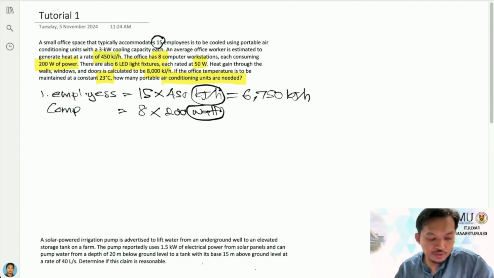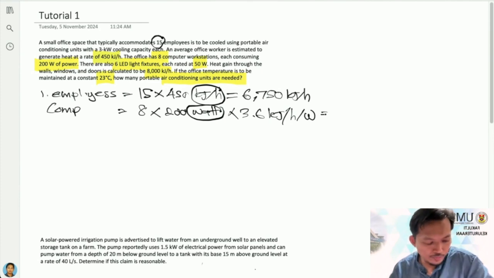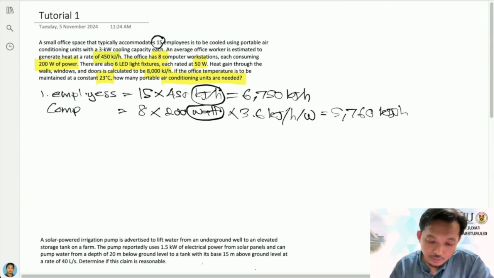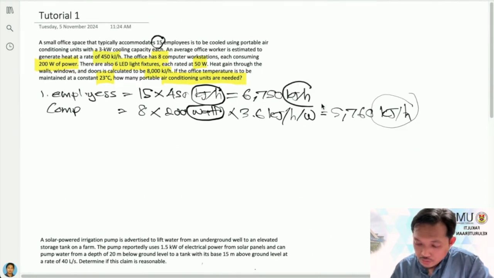So to convert this into kilojoule per hour, you multiply by 3.6 kilojoule per hour per watt, which equals 5,760 kilojoule per hour. Sorry, this one should be kilojoule per hour. Now our unit is homogeneous.